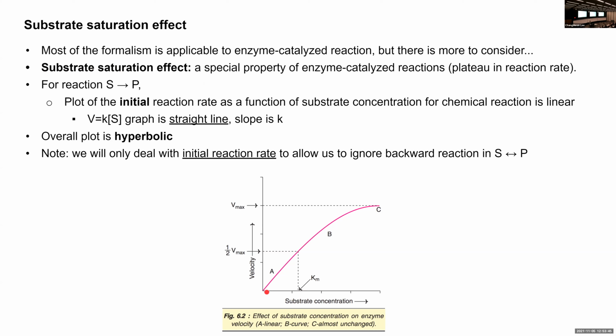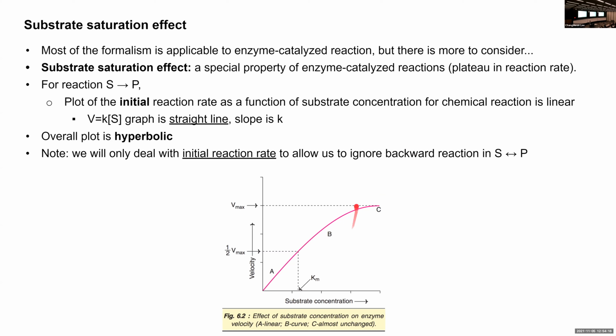But at the beginning, it's definitely a straight line, where there's a simple correlation between the concentration of substrate and the reaction rate. Overall, when you look at it, this is more like a hyperbola. But we're going to mostly consider just the initial state, where the substrate concentration is really low, or just the beginning of the reaction, where we don't need to consider this hyperbolic effect or the backward reaction, the reverse reaction.